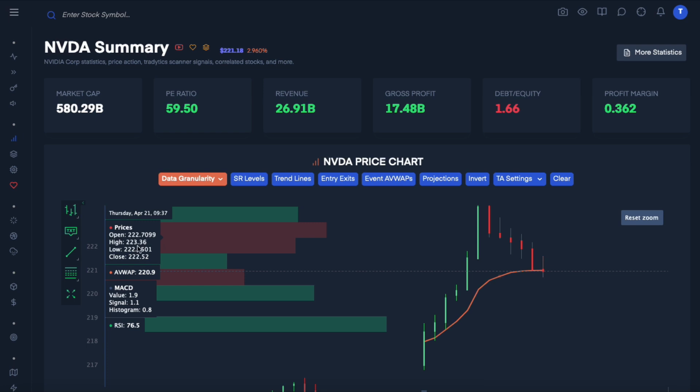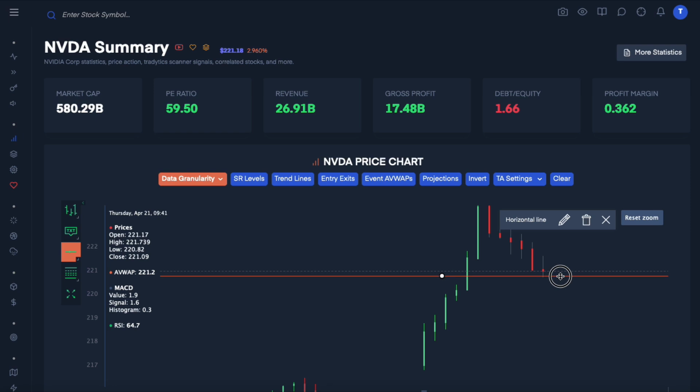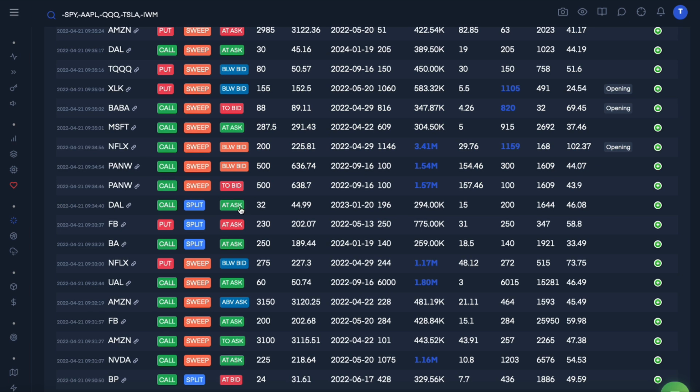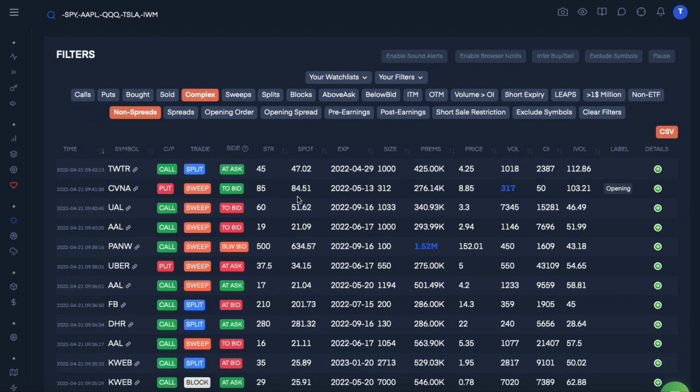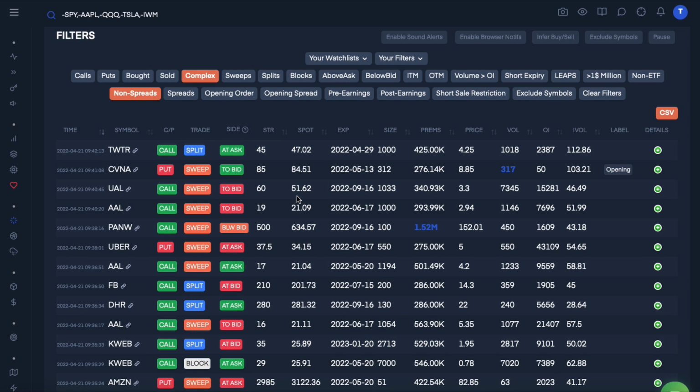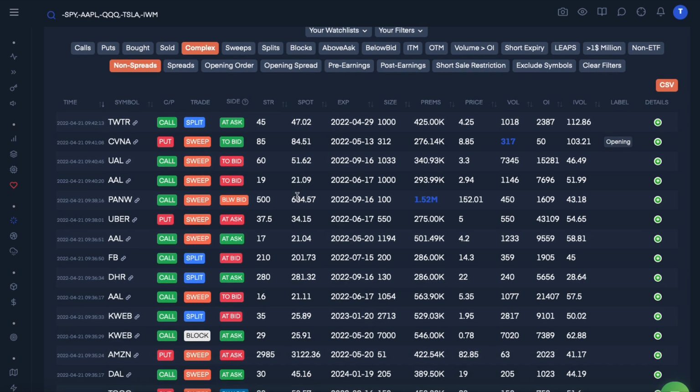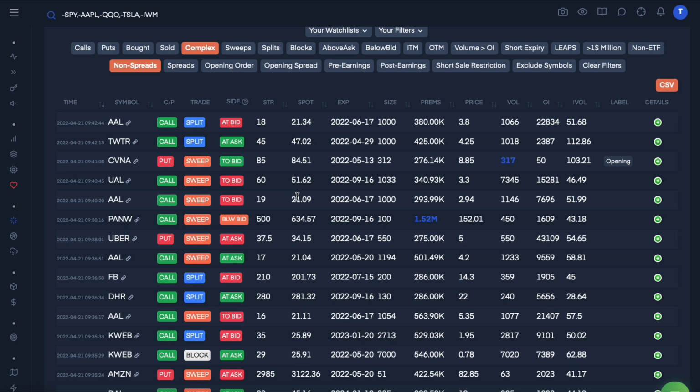Yeah, so this is at level. We can actually just draw this level. All right, let's say this is the level. So let's just keep this right now, and we are hoping that we are going to reverse. Let's see if we are getting something good here. I typically like to see orders where things are being bought instead of being sold. So even if puts are being sold, sure, that's a bullish sign, but I'd rather look at calls being bought.